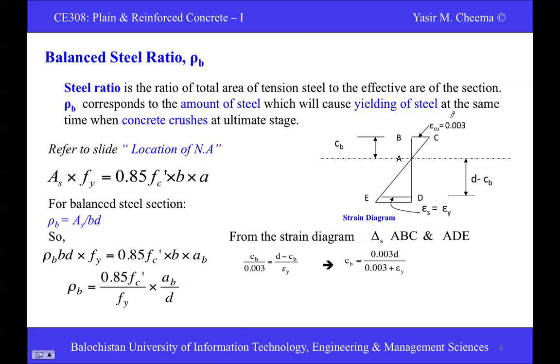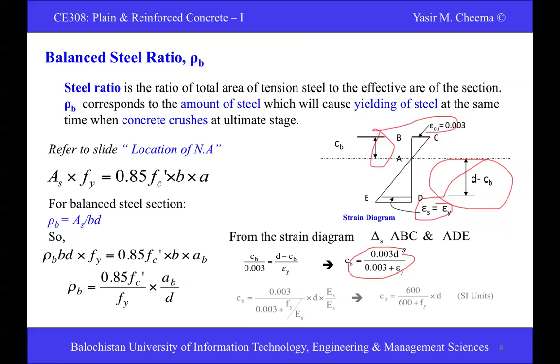This Cb over 0.003 would be equal to D minus Cb over epsilon y. Sides ratio. Cb over this one is equal to D minus Cb over this one. Clear? यहाँ से आप Cb की value find करें, that would come to be this one. Mathematical है? Problem होने को? No. यहाँ से आप further Cb की value find करें.